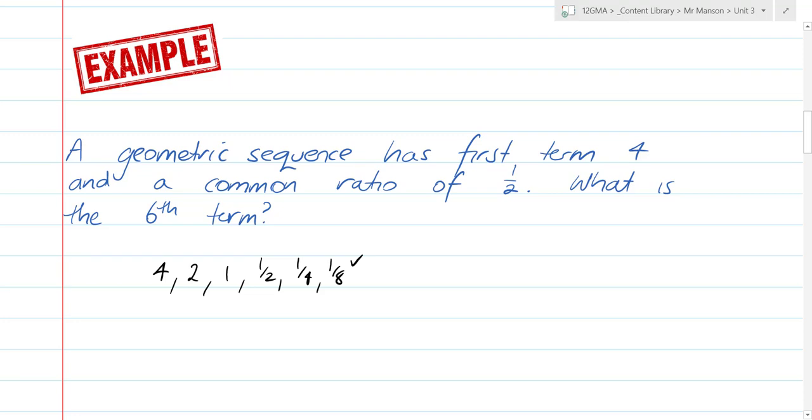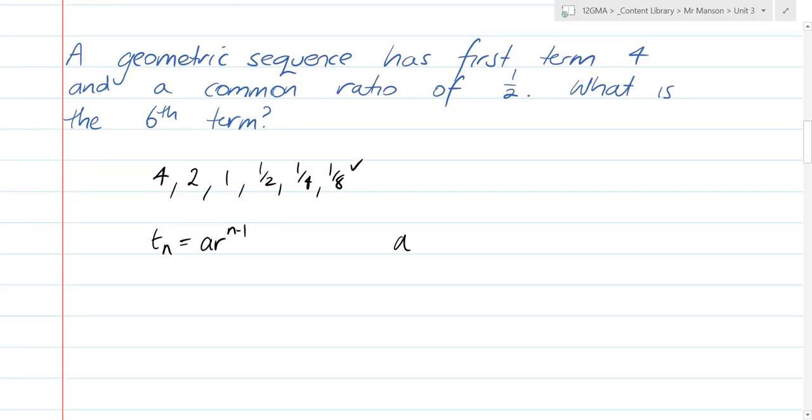But now we've also got the nth term. The nth term is AR to the power of n minus 1. And in this case, A is equal to 4 because that's the first term, R is equal to a half, that's the common ratio, and n is equal to 6 because we want the sixth term.